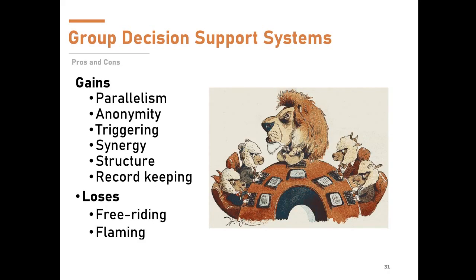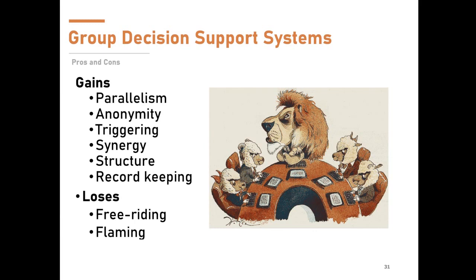And of course, every system has its pros and cons. Some of the pros of GDSS are parallelism, anonymity, triggering ideas, synergy, structure, and record keeping. So parallelism, what is that?